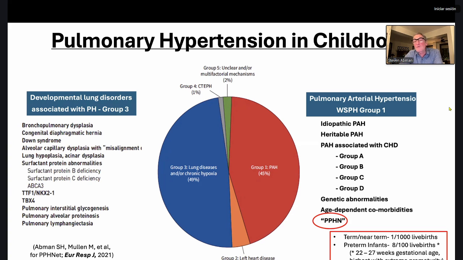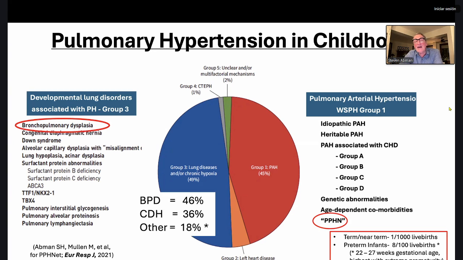And that's where we had our group 3 or lung-associated disorders. And about half of them were related to hypoxia or chronic lung disease. Half of the half, or 46%, were BPD in particular. The other big signal was CDH, of course, but you can see the list of more rare kinds of developmental abnormalities that really we worry about, of course, in the NICU itself and beyond.